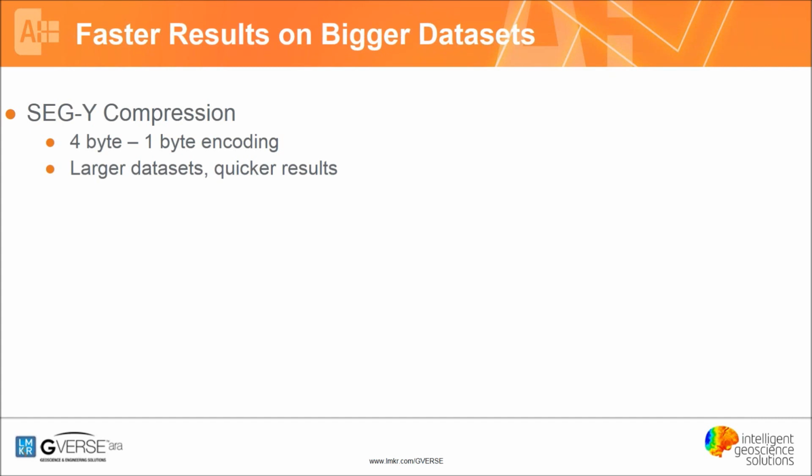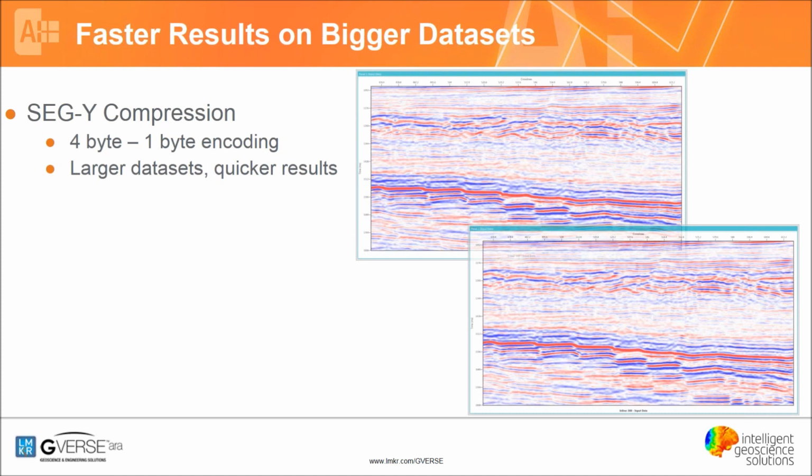So we've added SegWi compression to it, which is basically a visually lossless compression. So we take a 4-byte SegWi and we encode it into a single byte. So you can now work with much larger SegWis, approximately 4 times the size of the SegWi data.